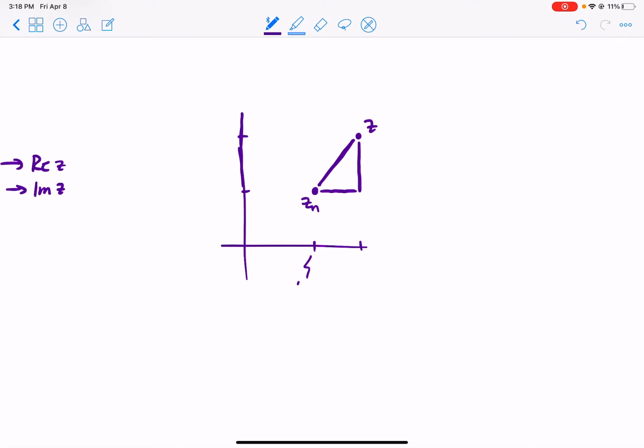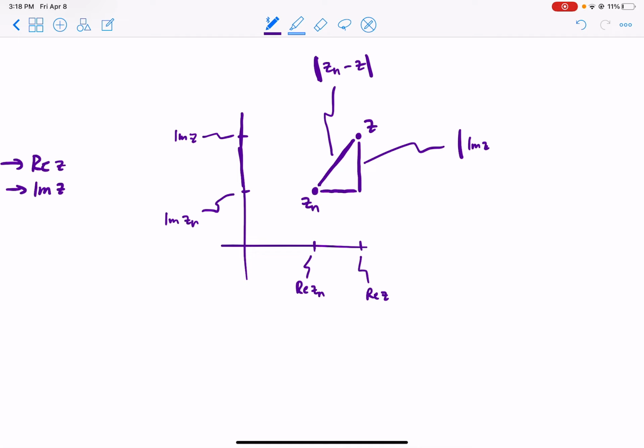This is the real part of Zn. This is the real part of Z. This is the imaginary part of Zn, and the imaginary part of Z. So this is the length of Zn minus Z. This is the length of the imaginary part of Zn minus the imaginary part of Z. And this is the length of the real part of Zn minus the real part of Z.